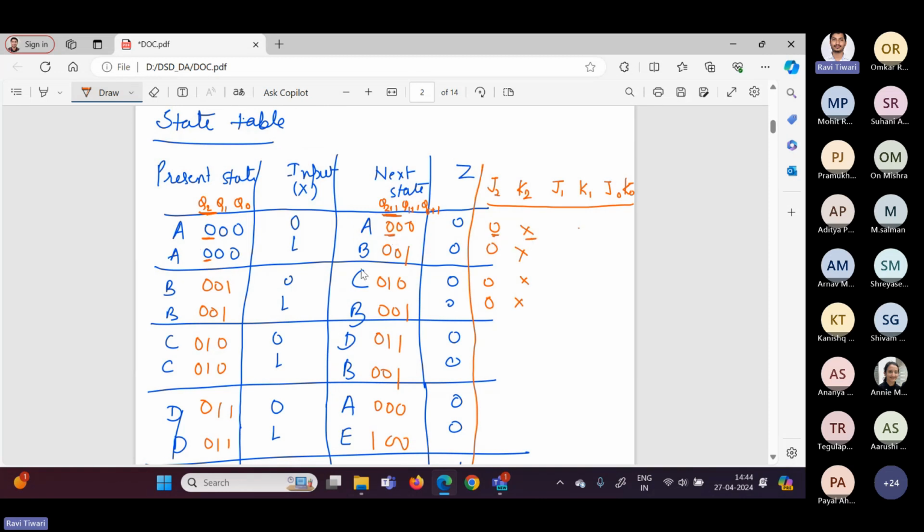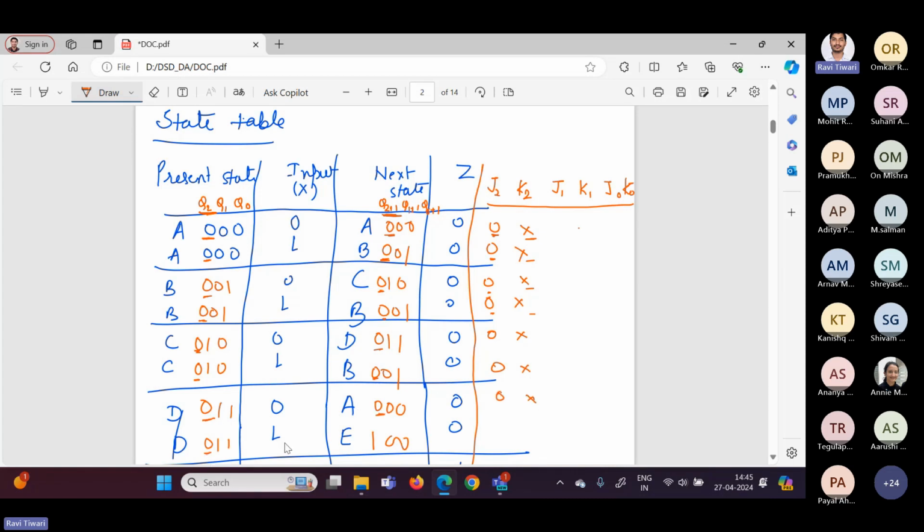Similarly, this is 0, this is also 0, so 0 don't care, and the same for the next ones.